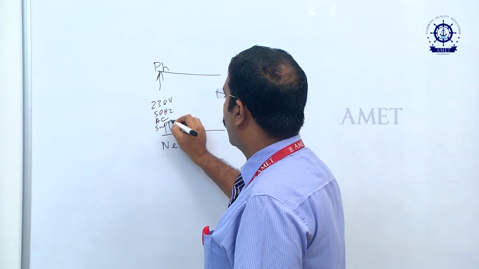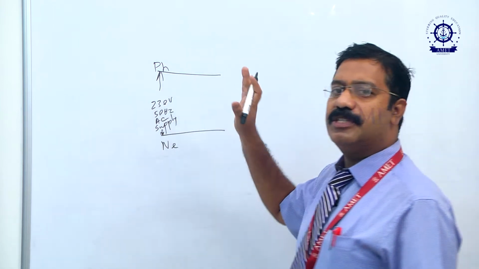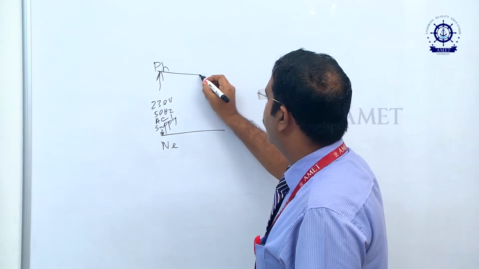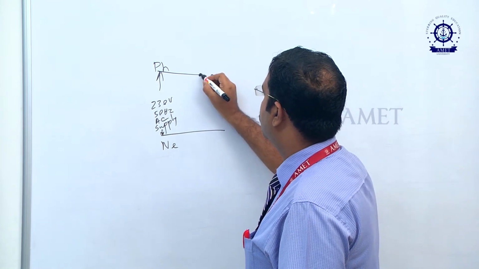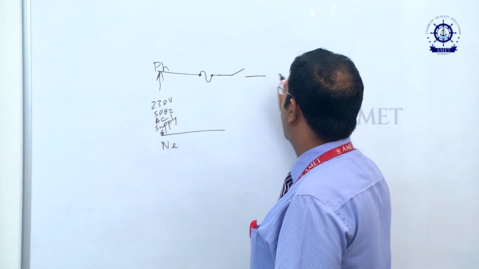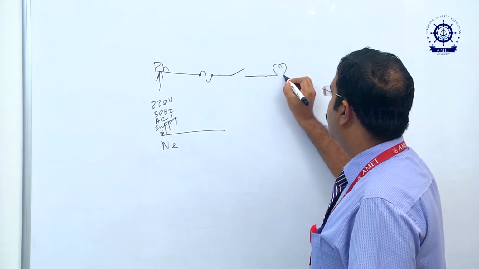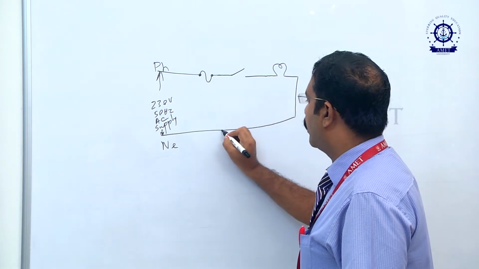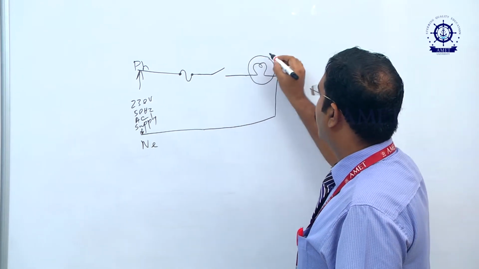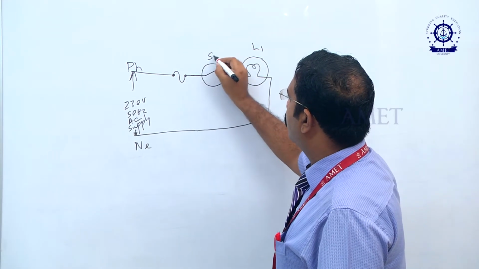Across this we will connect the circuit. For example, first we will have the fuse for protection, then a switch, and then the appliance, the load which we are going to control. For this simple circuit, I have a lamp L1 as the load and a switch S1.